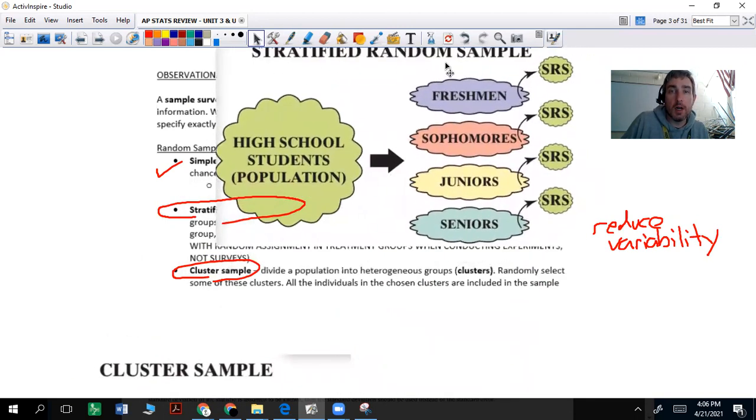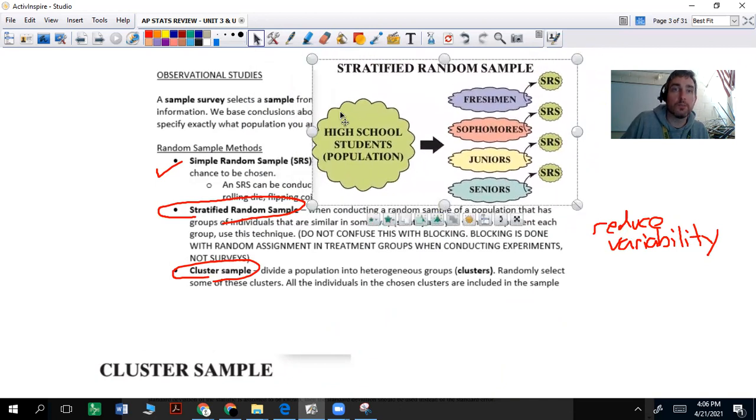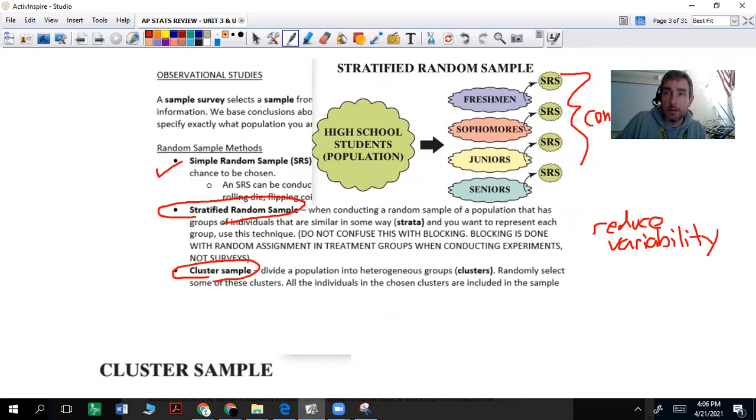That's when you have different groups that might have similar characteristics. So like in a school, you might have freshmen, sophomores, juniors, seniors, and you want to conduct a simple random sample from each of those groups, and then combine data, to get a little bit more representation. So stratified samples hopefully reduce undercoverage.